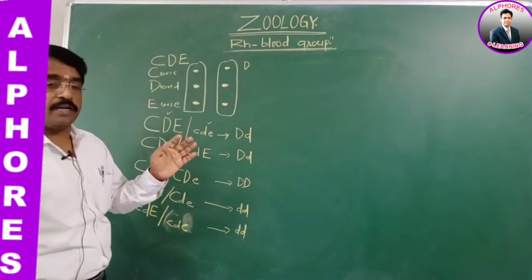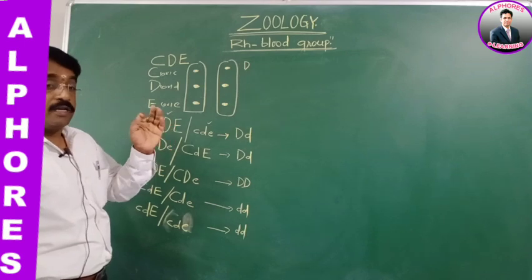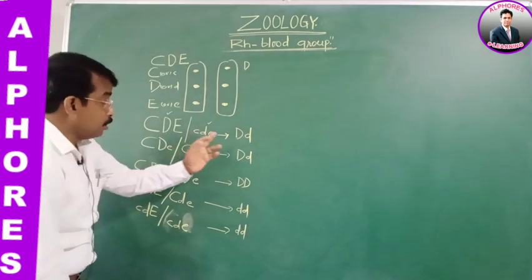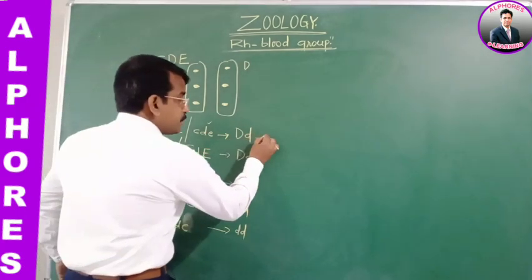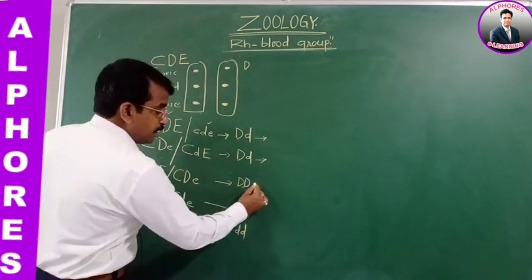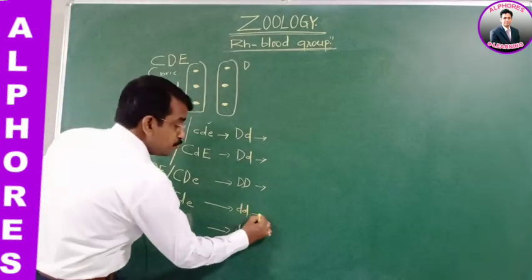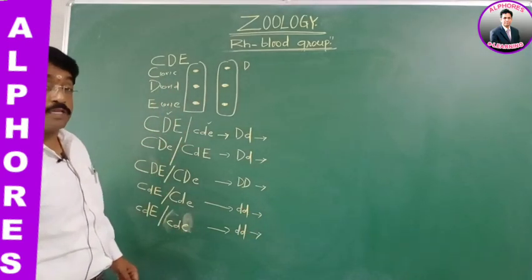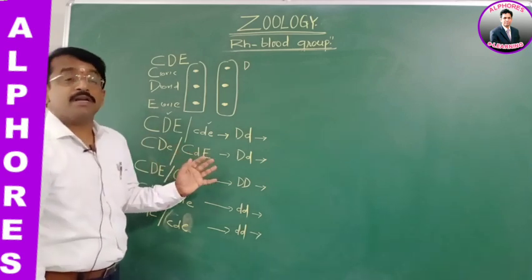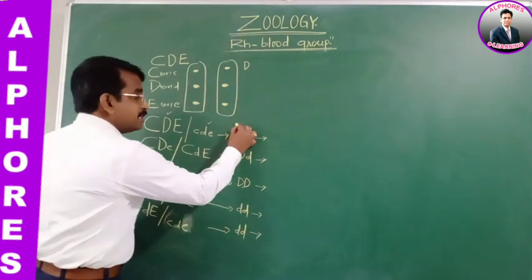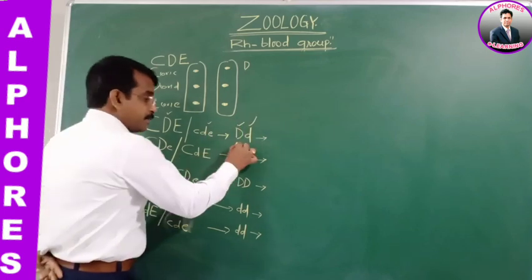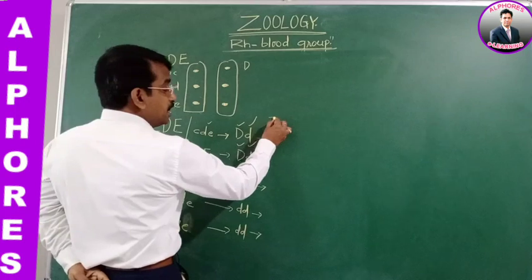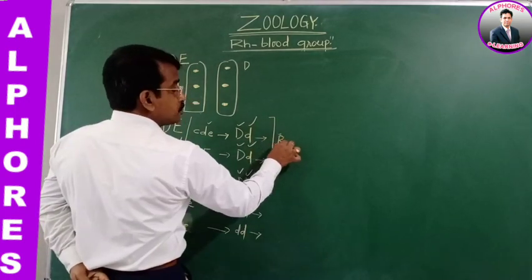In order to determine whether an individual is Rh positive or Rh negative, look at here: capital D, small d; capital D, small d; capital D, capital D; small d, small d; small d, small d. What you have observed is a pair of chromosomes with capital D, small d; capital D, small d; capital D, capital D. All these 3 individuals are Rh positive.